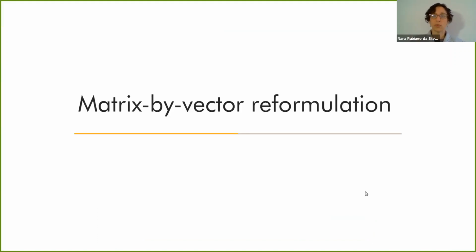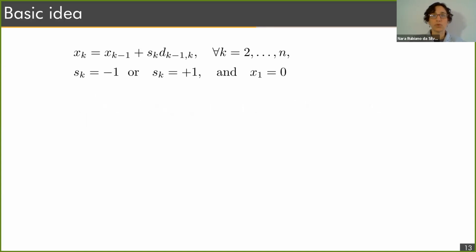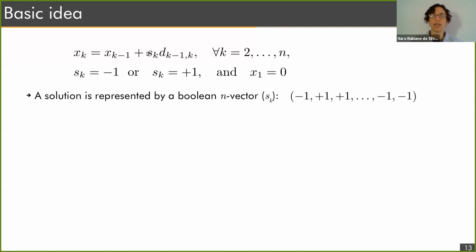Now I will present the reformulation of this search algorithm, and this reformulation is important to construct our optical computing scheme. So let me first introduce you to the basic idea. Recalling that we can compute the position of the vertex by taking the position of the previous vertex plus an additive term relating distance and a constant sk, we can represent our candidate realization by collecting all the values sk corresponding to that realization.